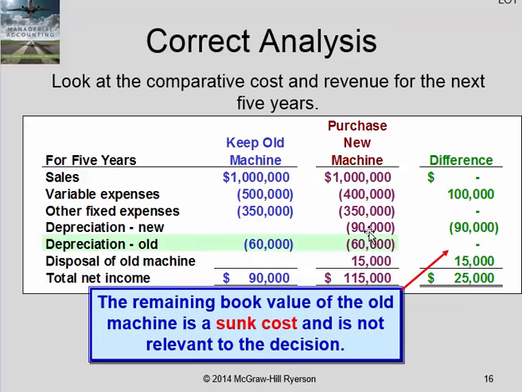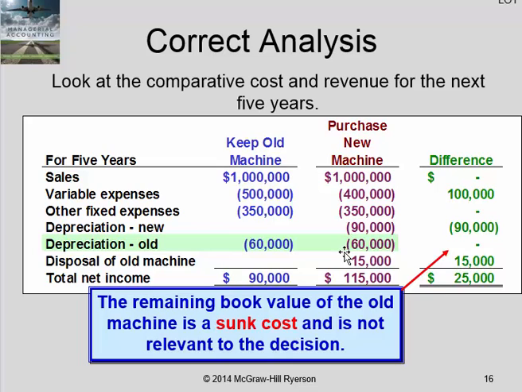And now, here's the interesting thing. Even though if we keep the old machine, we're going to record depreciation or amortization expense of $60,000 over the rest of its useful life, if we dispose of it, we're also going to record a $60,000 essentially loss as we write down the book value of that machine.